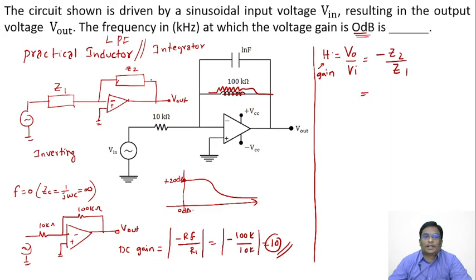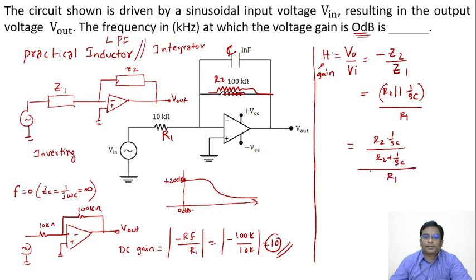What is Z2? These two are in parallel, so it is R2 parallel with 1 by SC. Let us assume this is R1, and this is R2, with capacitor C. Divided by Z1, which is R1. So R2 into 1 by SC divided by R2 plus 1 by SC, divided by R1.